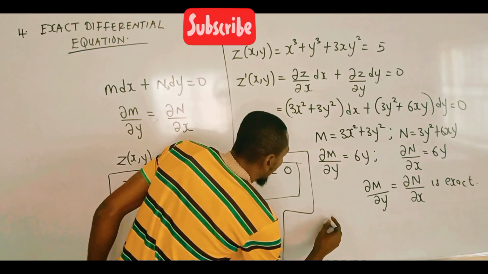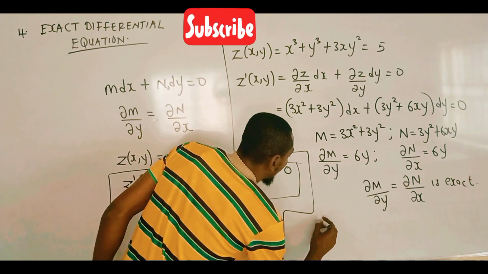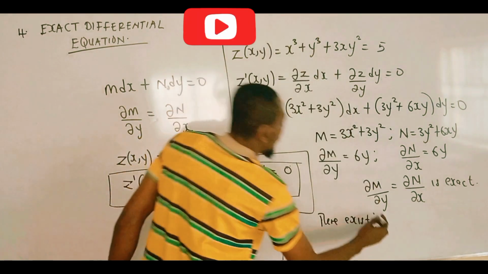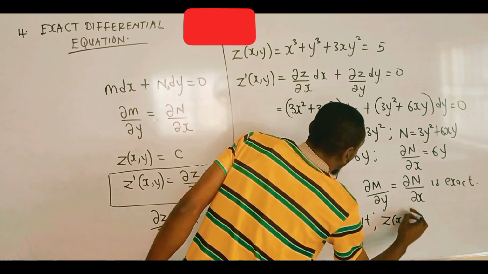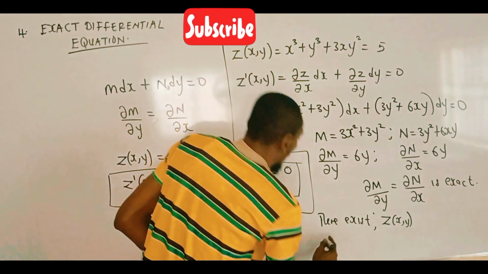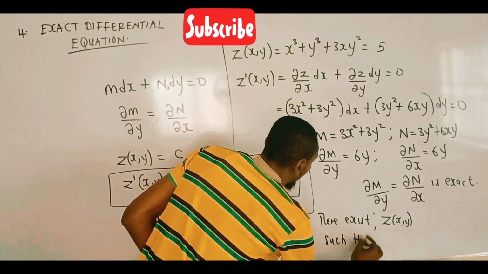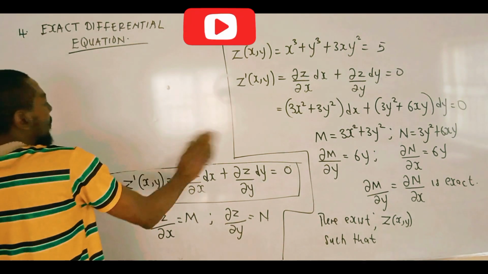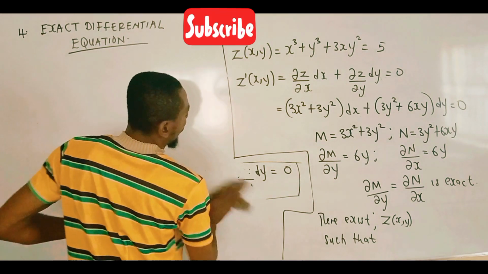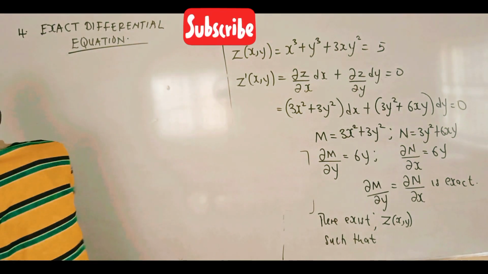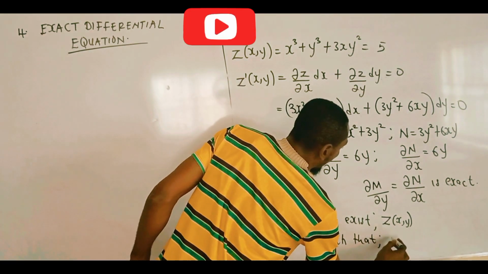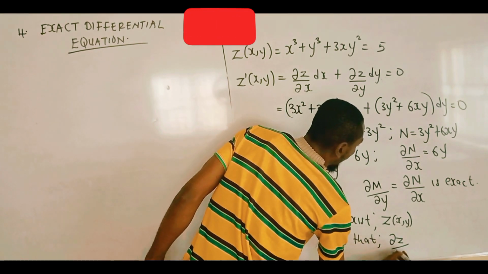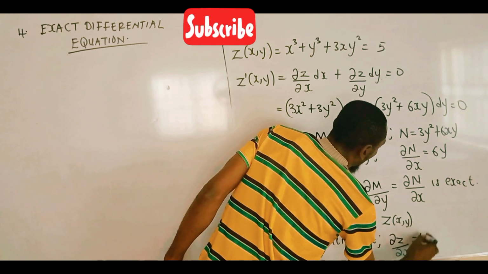So we can say there exists our function z, there exists z of x comma y, which is the main function, such that partial differentiation of z with respect to x is equal to m.